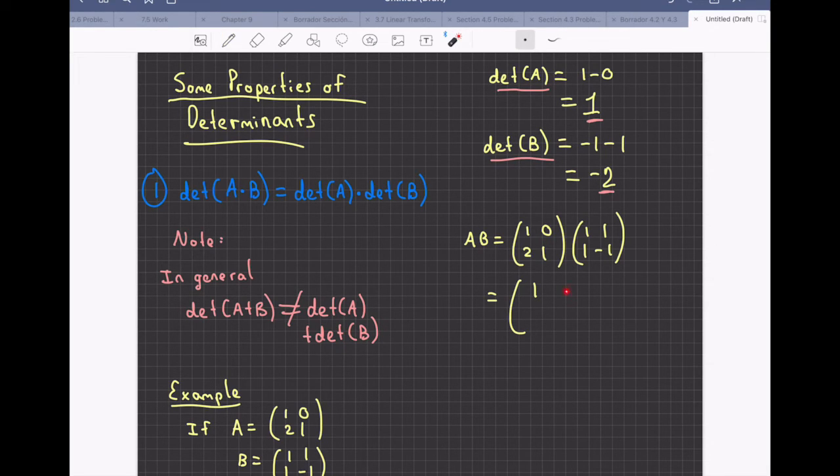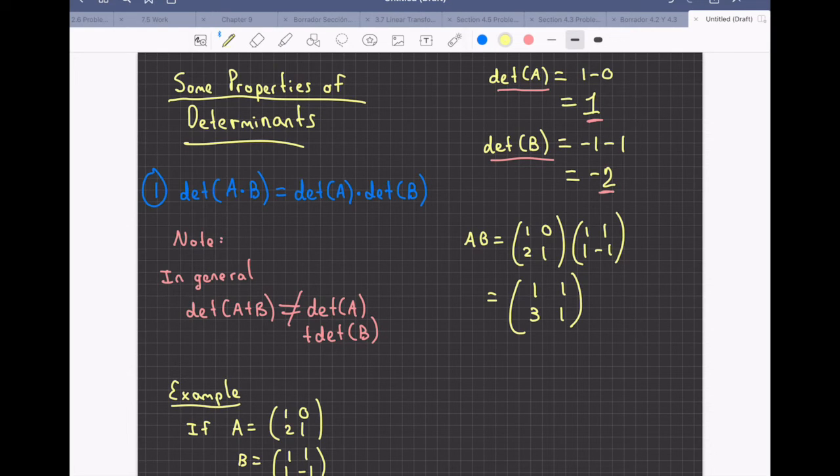Row 1, column 2: 1 times 1, 1, plus 0 times negative 1 is 1. Row 2, column 1: 2 times 1, 2, plus 1 times 1 is 3. Row 2, column 2: 2 times 1 is 2, plus 1 times negative 1, is 2 minus 1, which is 1.